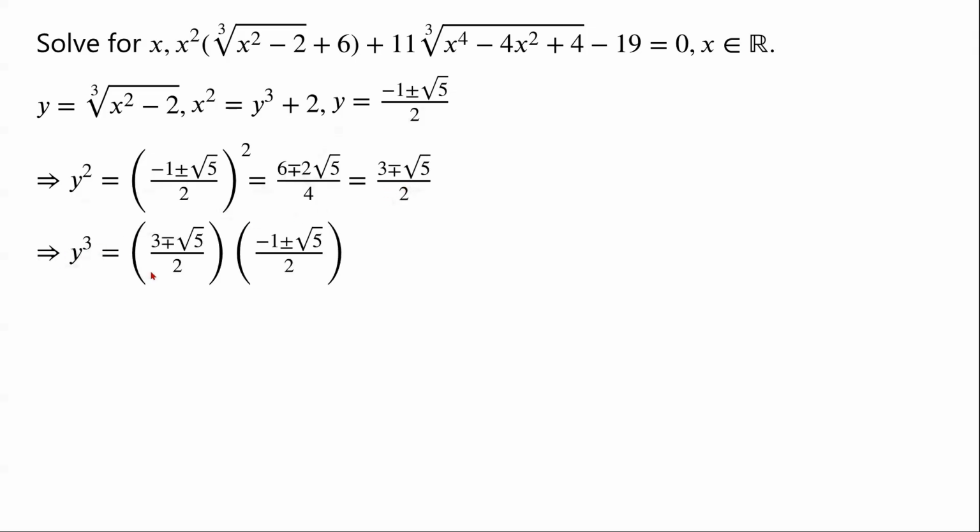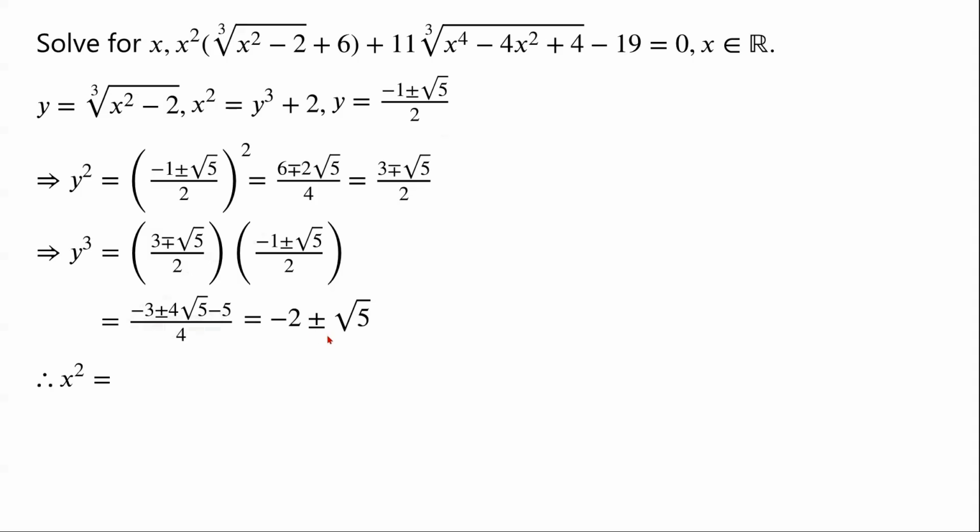So, y cubed equals (3 minus or plus root 5, over 2) times (negative 1 plus or minus root 5, over 2), which is equal to negative 3 plus or minus 4 root 5, minus 5, over 4, which is equal to negative 2 plus or minus root 5.